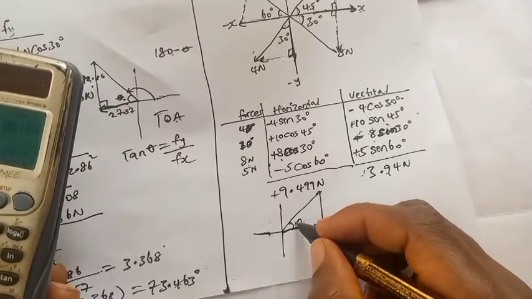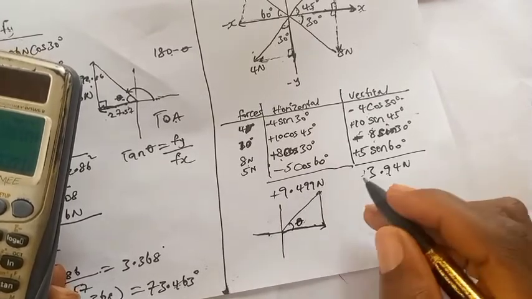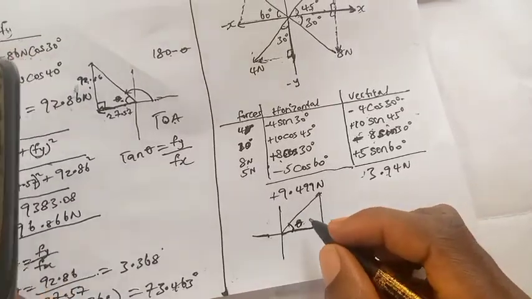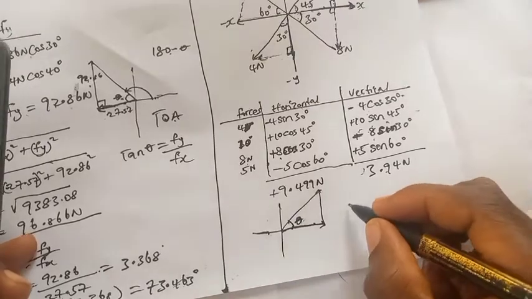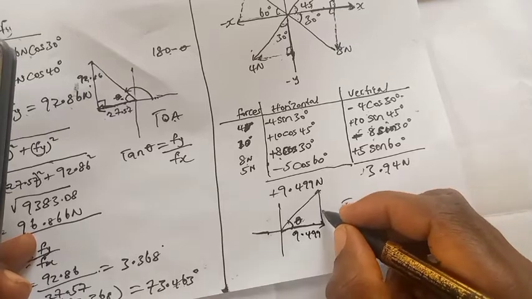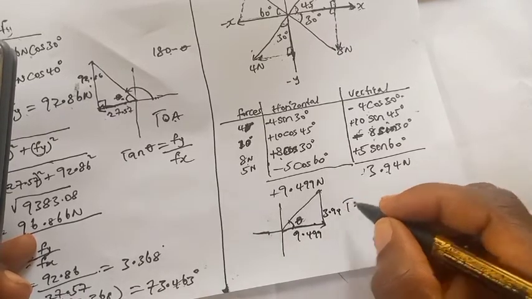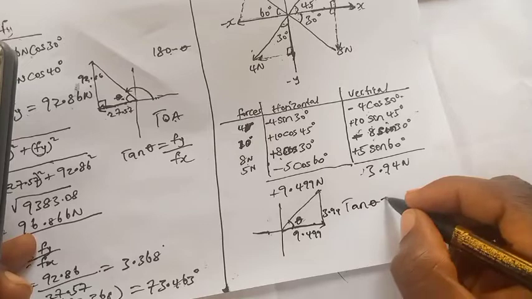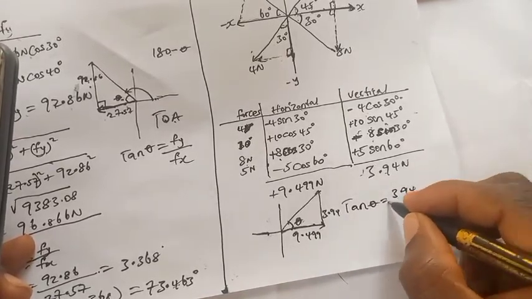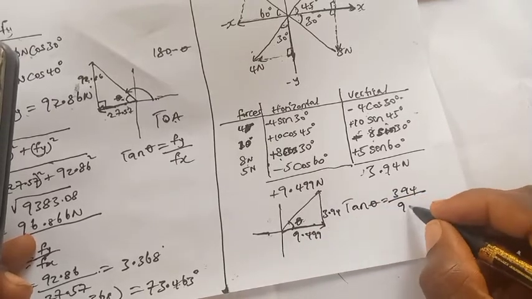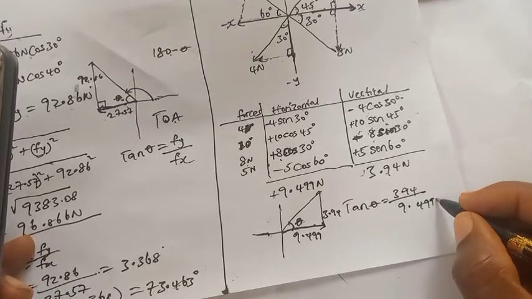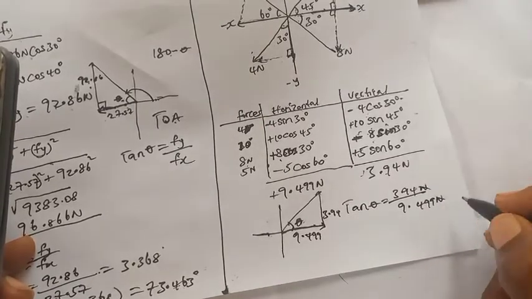And then it happened that our reference angle is also our main angle here because it started from the horizontal x-axis. So this is 9.499, this is 3.94. So tan of the angle is equal to F y, which is 3.94, over F x, which is 9.499 Newton. So remember, this Newton will cancel.